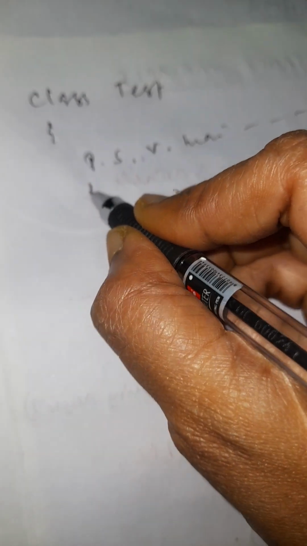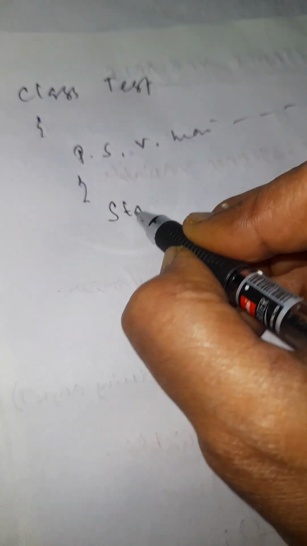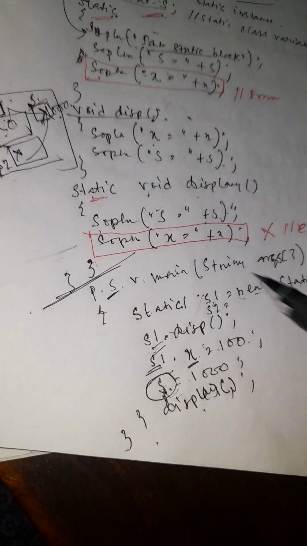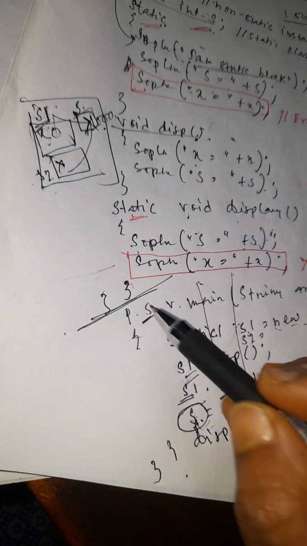Okay, now here I create one object of Static1, maybe ss1 equal to new Static1. Clear? So this is the object outside my class. I close this main function and close the class.